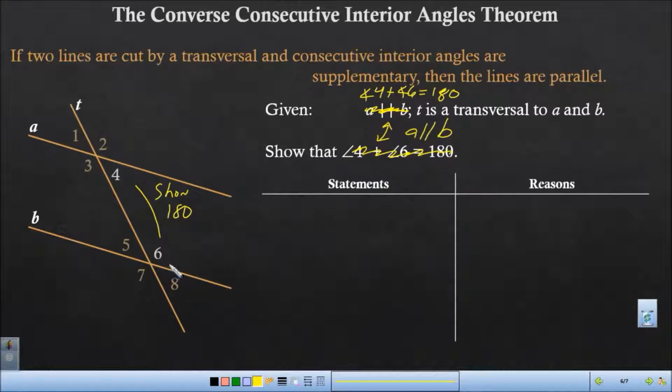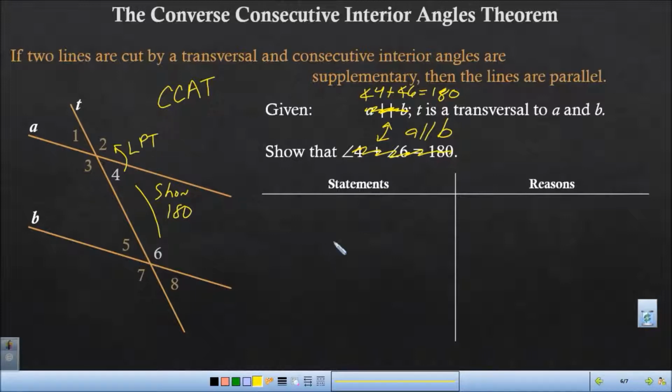All right, so what we need to do then is make some connections, because we have to get to the converse corresponding angles theorem. We need corresponding angles, and these are consecutive interior. The process is exactly the same, only this time, instead of going across vertically, we want to create corresponding angles, so we're going to have to bump up here to 2 using the linear pair theorem.